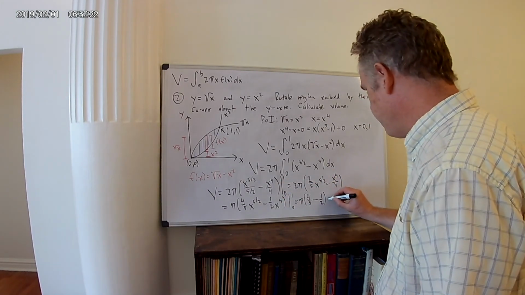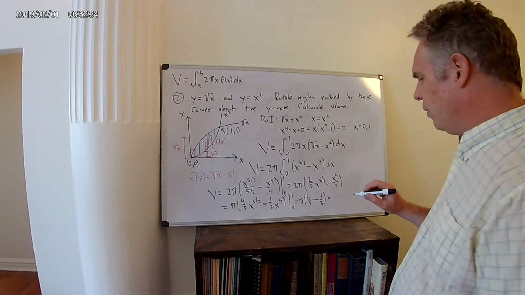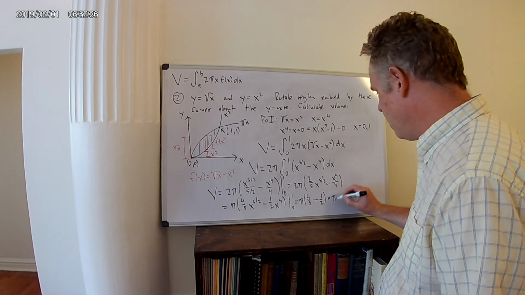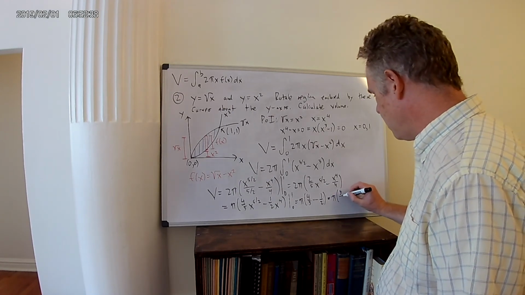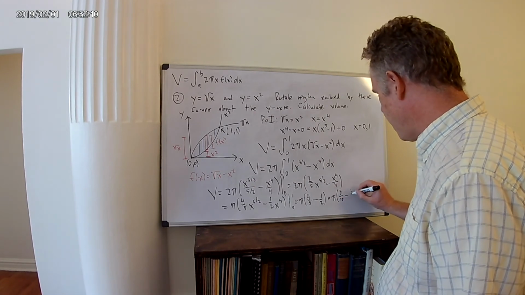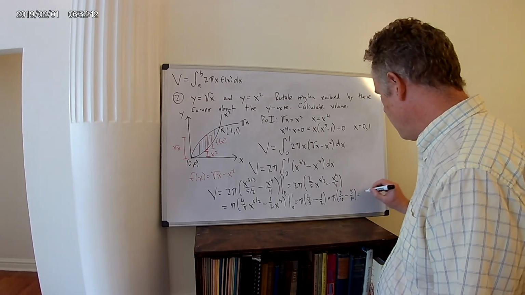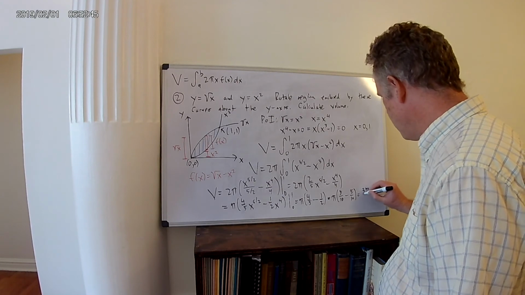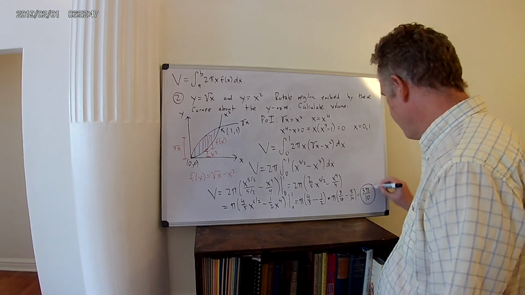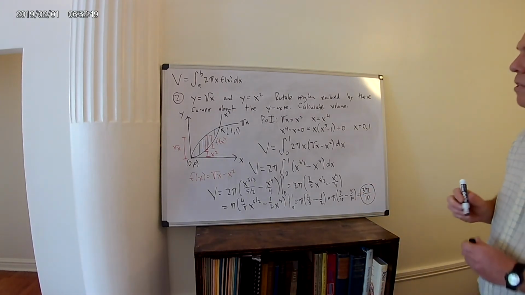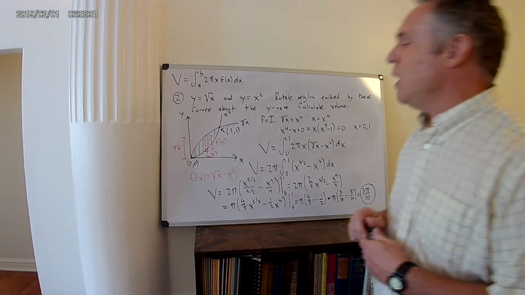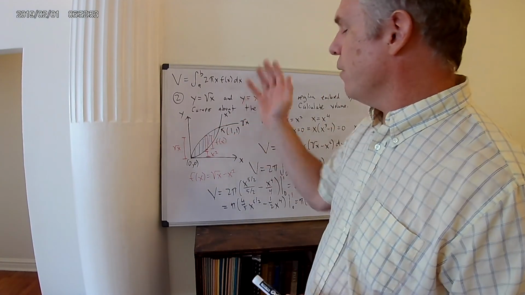And so I can try to find a common denominator, and it looks like I'm going to get 10 here. So this would be 8/10 minus 5/10, and this comes out to 3 pi over 10. That's the volume obtained by rotating this enclosed region about the y-axis.